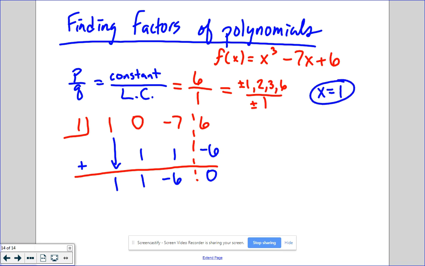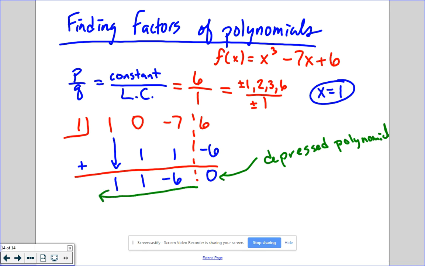So how many factors do I have left to find now? 2. What you have left over down here is what's called the depressed polynomial. Okay? It's made smaller. And again, you draw a line from the remainder line.